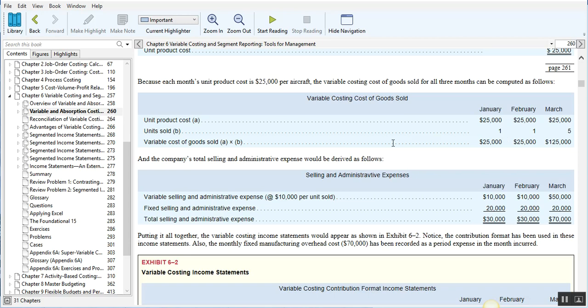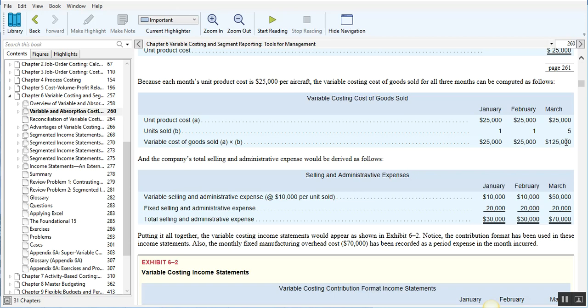So under variable costing, the unit cost of goods sold is $25,000. February, it's the same thing. We sold 1 unit here, so we have cost of goods sold of $25,000. And then in March, we have 5 units sold, so that makes our cost of goods sold $125,000 under the variable method.